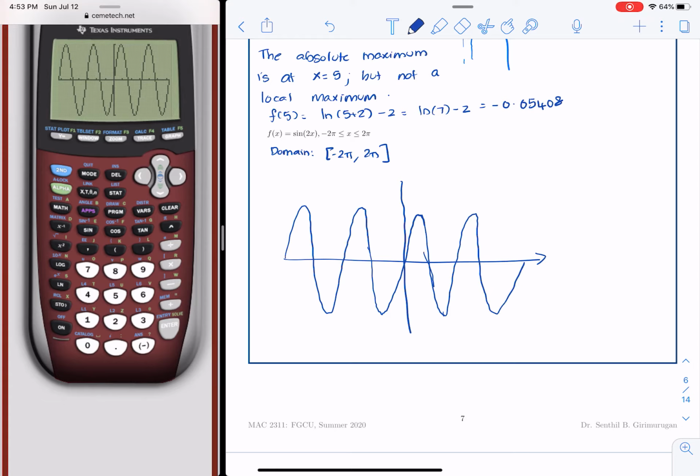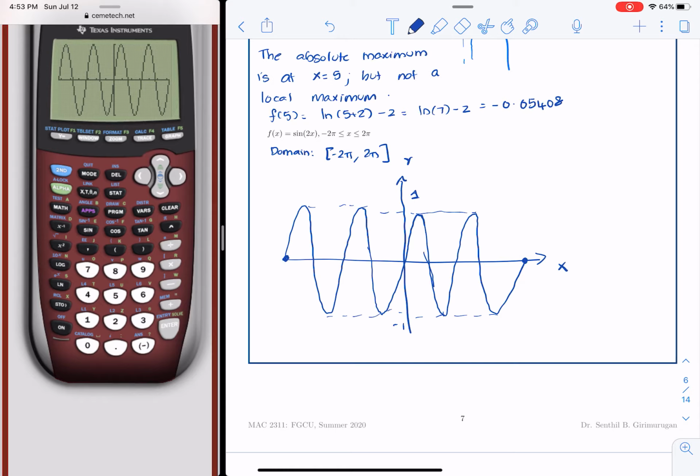Better, I suppose. X, Y, and that's an endpoint. That's an endpoint. And the maximum value here that we see is 1. And the minimum value that we see is negative 1.